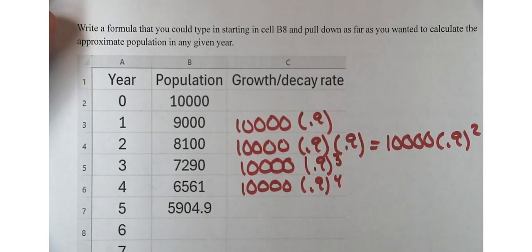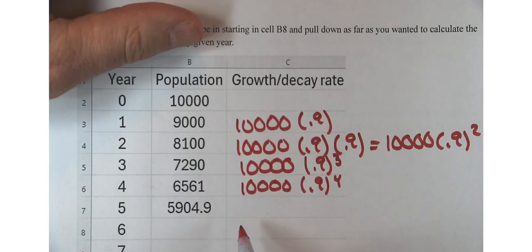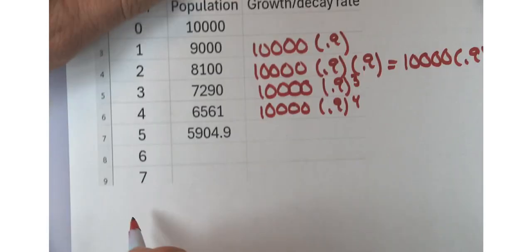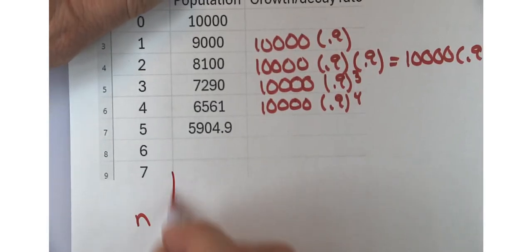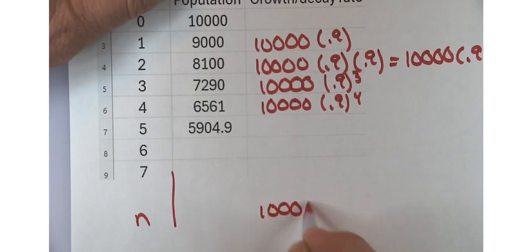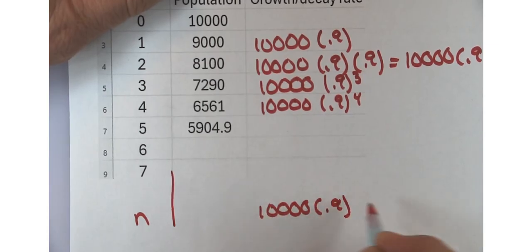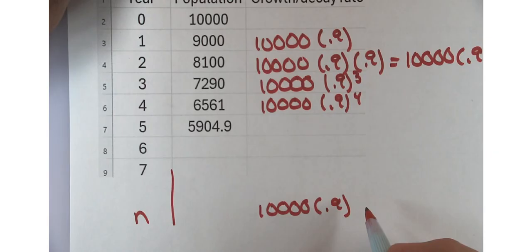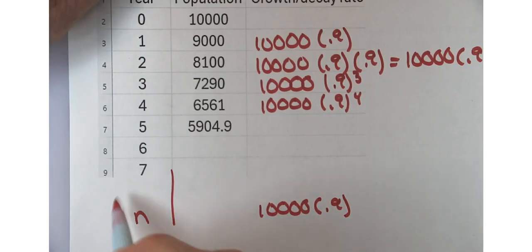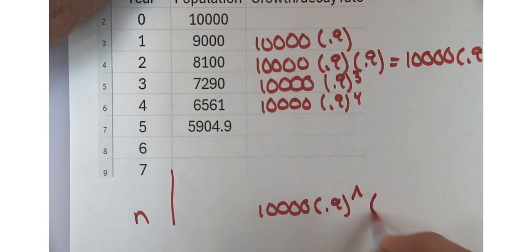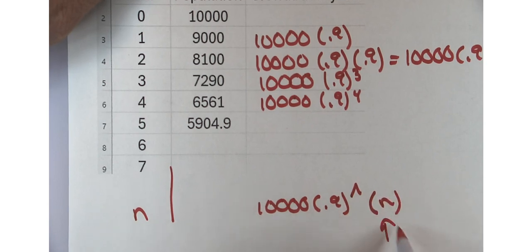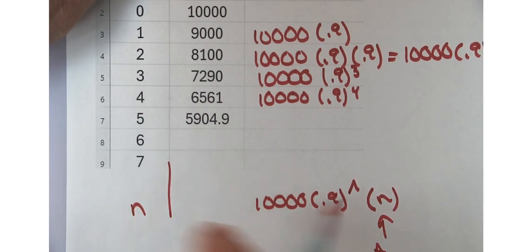So what I could write in general, at some nth level, is 10,000 times 0.9 to the power of whatever cell this is, raised to the nth power, which is going to be a sub n, the nth cell.